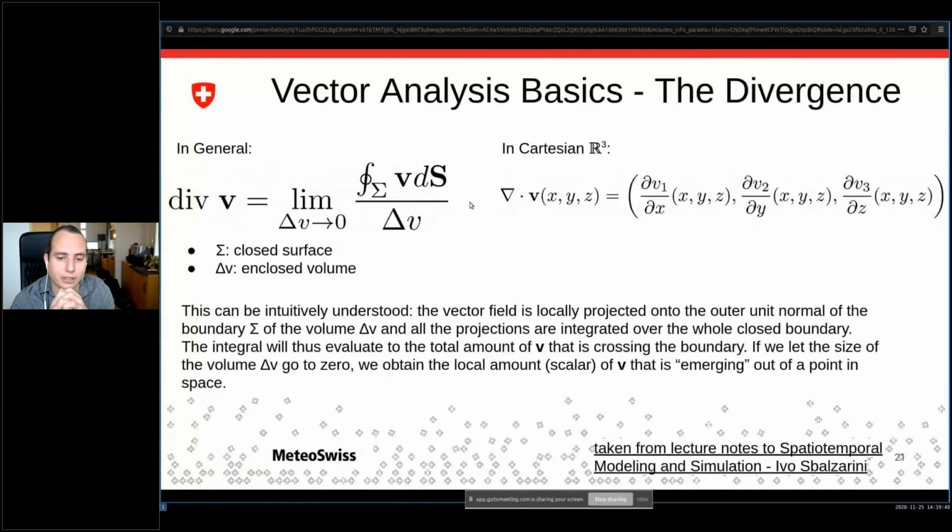So if we are seeing a vector field which is very collinear with the outside normals, we would get a large value. Which means that we would get a lot of quantity flowing outside of the current volume, which is an intuitive argument for the reason that the divergence is a measure for the intensity of the point source inside that infinitesimally small volume.